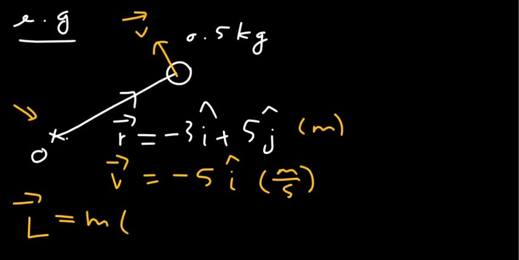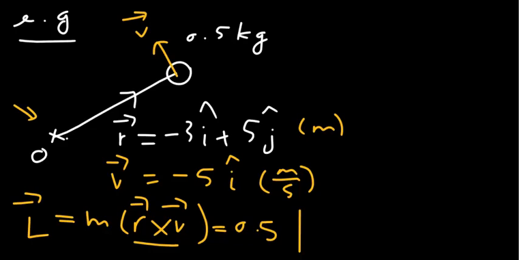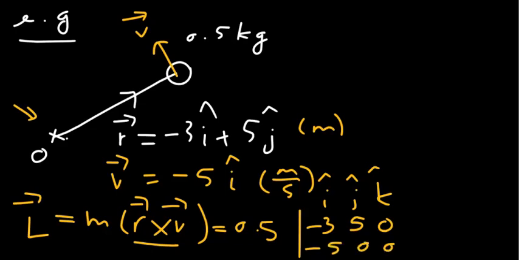Well, it is given by the formula that we have just derived. So mass in this case is 0.5. Now this is a cross product which can be evaluated in determinant form, i hat, j hat, k hat. The first vector is the position vector, so -3, 5, and 0, because it doesn't have any k hat component. The second vector is the velocity vector, -5, 0, 0.